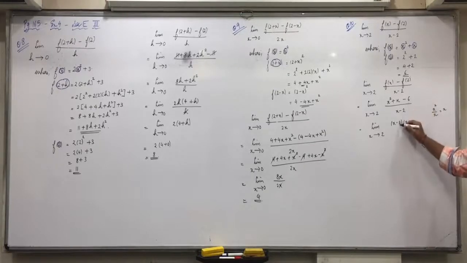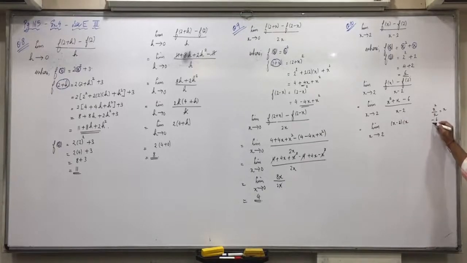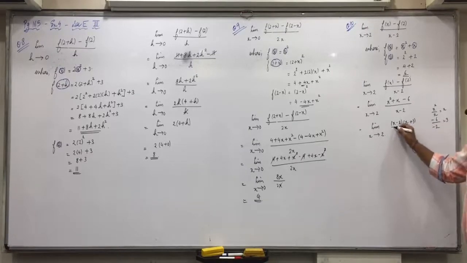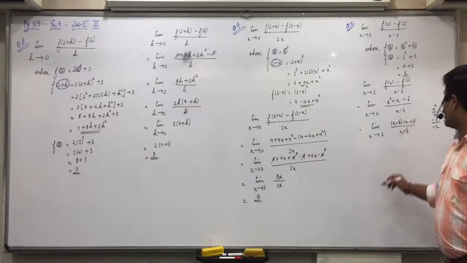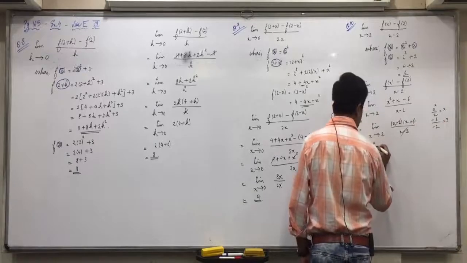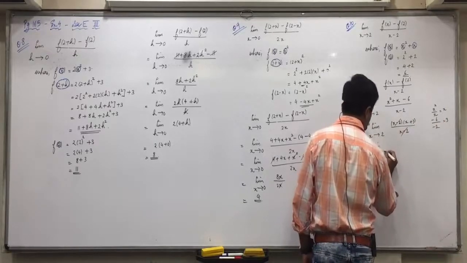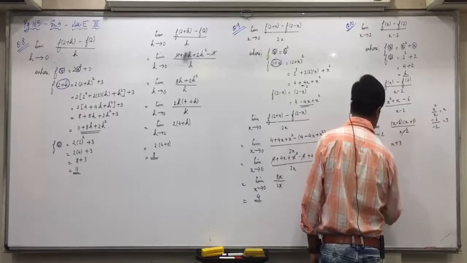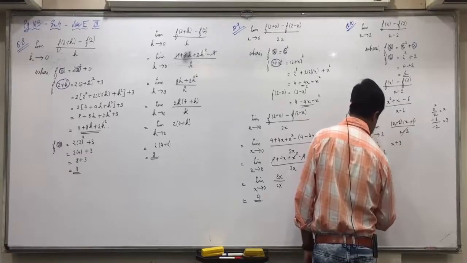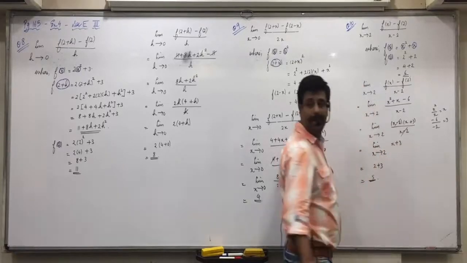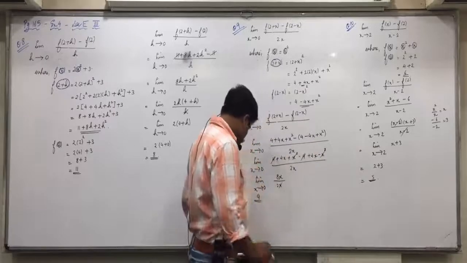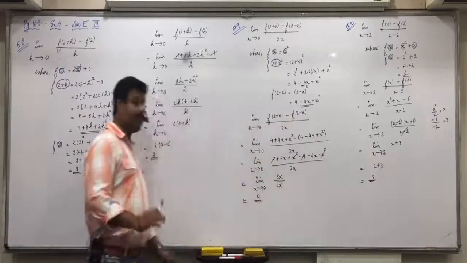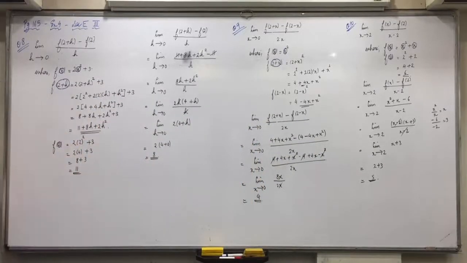Last term divided by last term: minus 6 divided by minus 2, plus 3, upon x minus 2. Did you understand this? x minus 2 cancels. Limit x tends to 2, x plus 3: 2 plus 3, 5. A lot of noise is coming in between. Is everyone clear with this type of question? Any doubts?